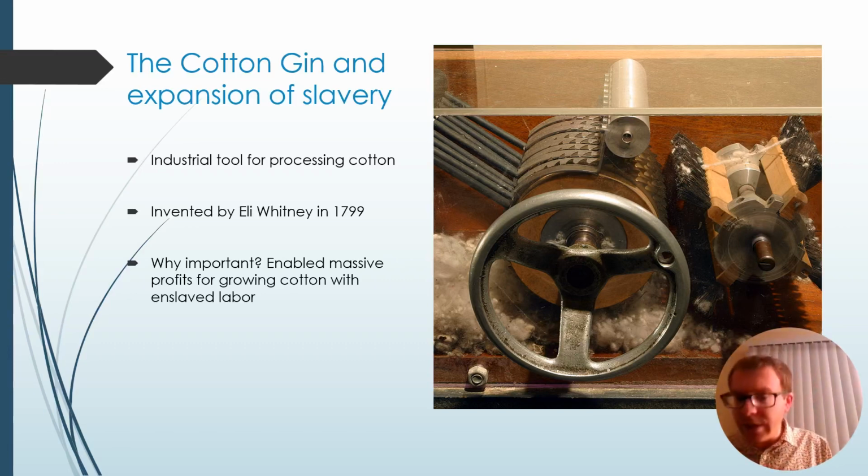But with the cotton gin, suddenly you could feed all of this raw cotton through this machine, which would automatically de-seed the cotton. And so it is a massive labor-saving tool. However, you still need people to go out and pick that cotton from cotton plants, right?